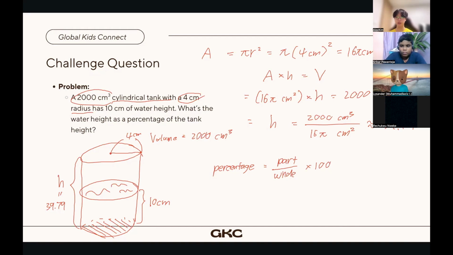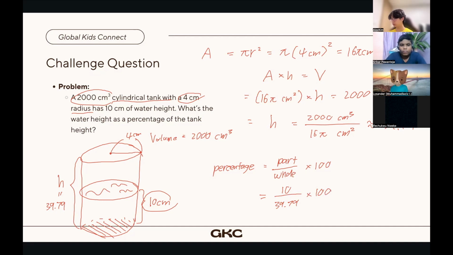And so we can use this function right away. And we know that the part of the total height, which is the water height, was 10 centimeters. So we put 10 on top. And then the whole height is 39.79. And then we multiply it by 100 because it is a percent, not a proportion.